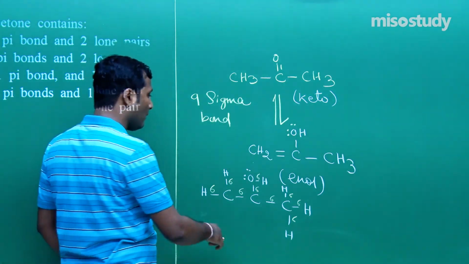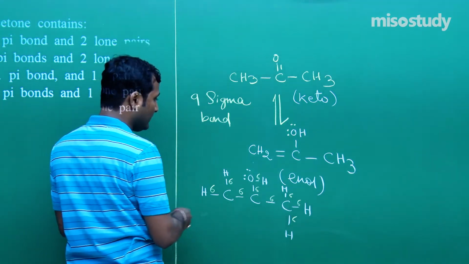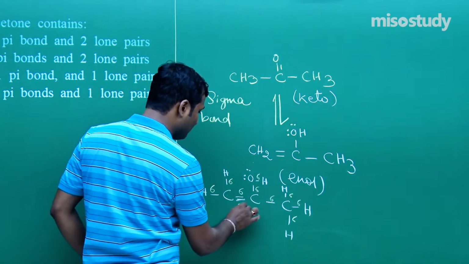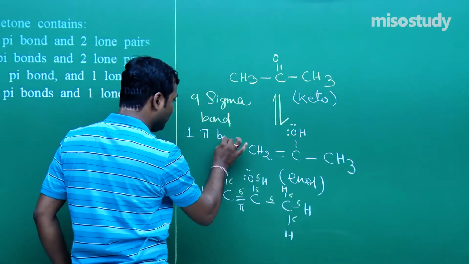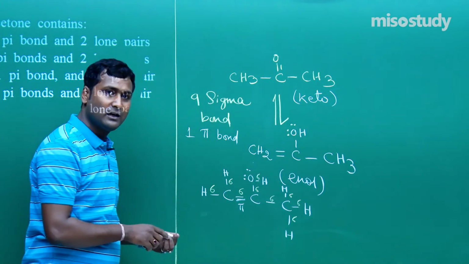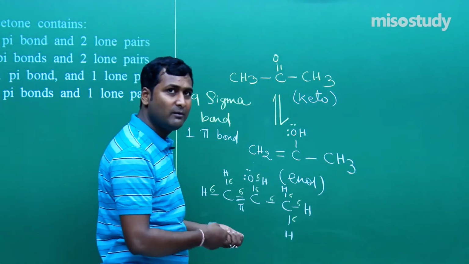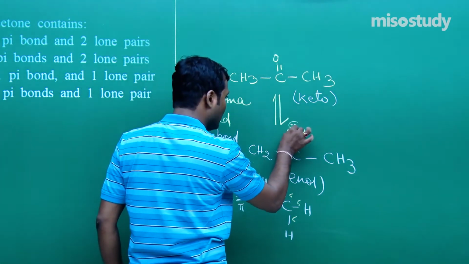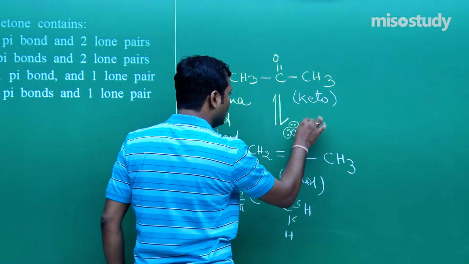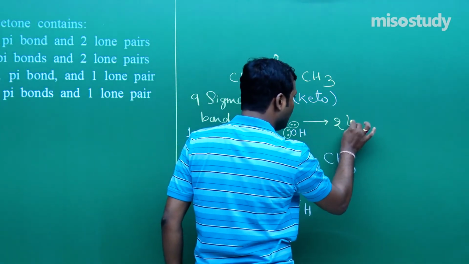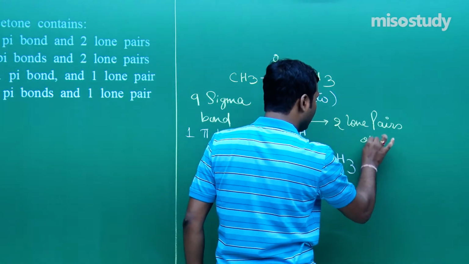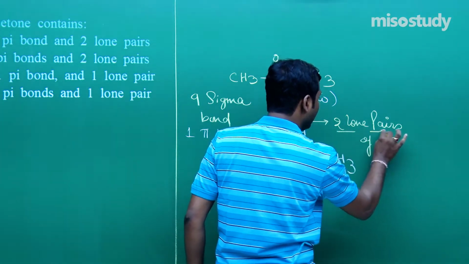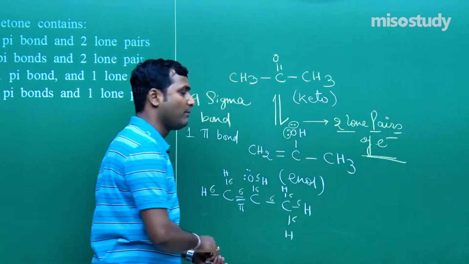Now what is the pi bond? Here is CH2, that is 1 pi bond. Now the number of lone pairs of electrons, tell me sir. In this case 1 and 1, that is 2 lone pairs of electrons.